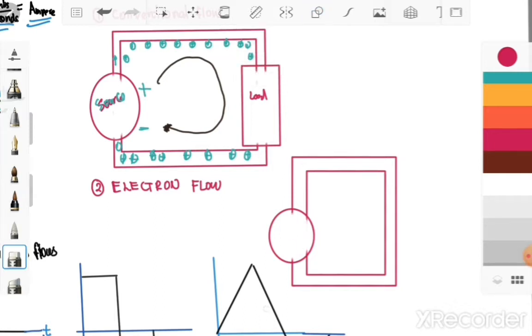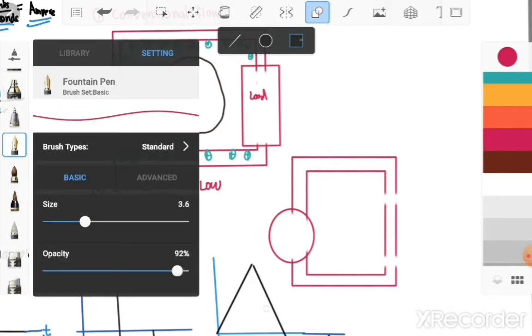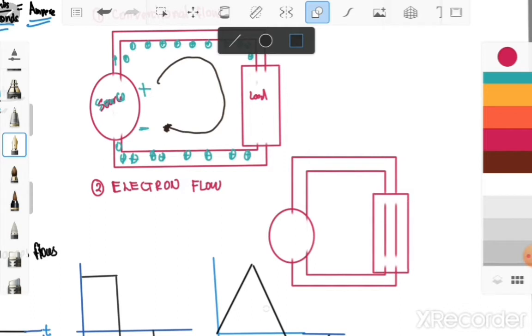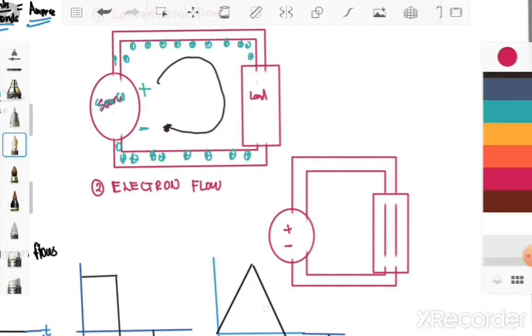This is your positive and negative charge. This should be your positive. This should be your load.